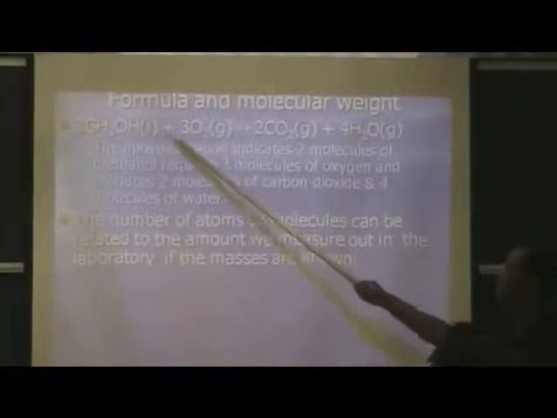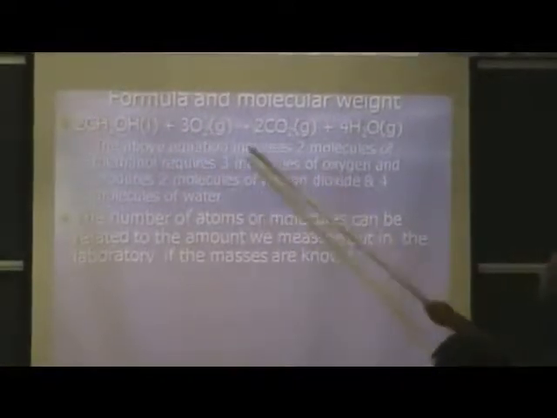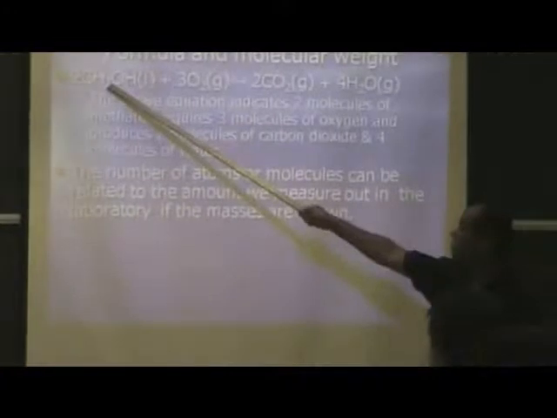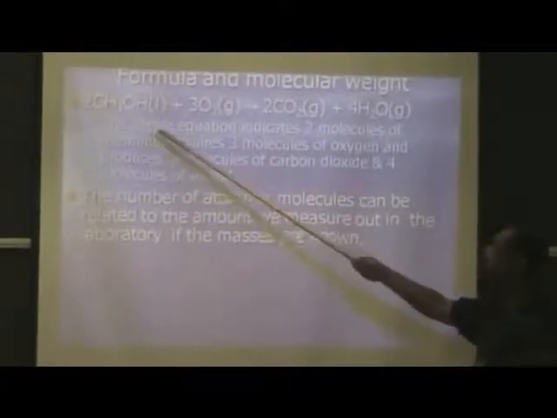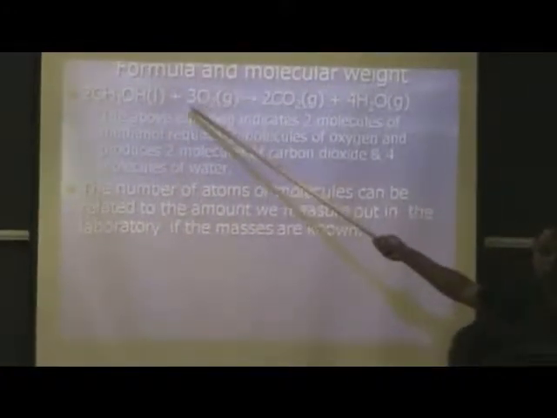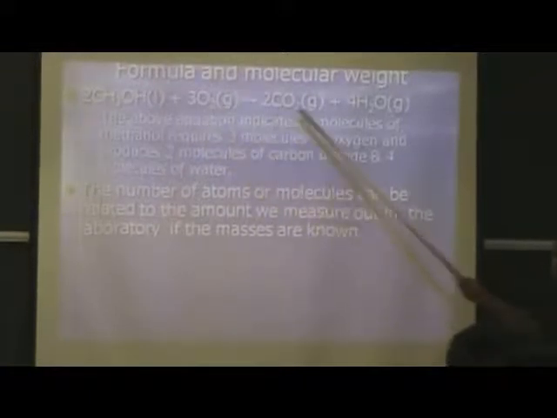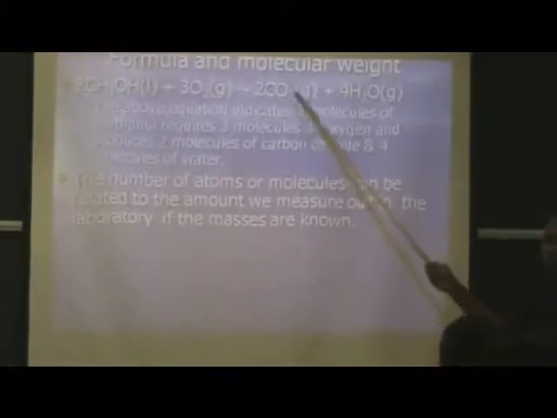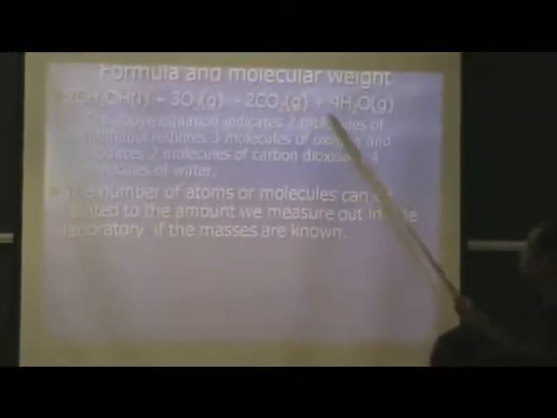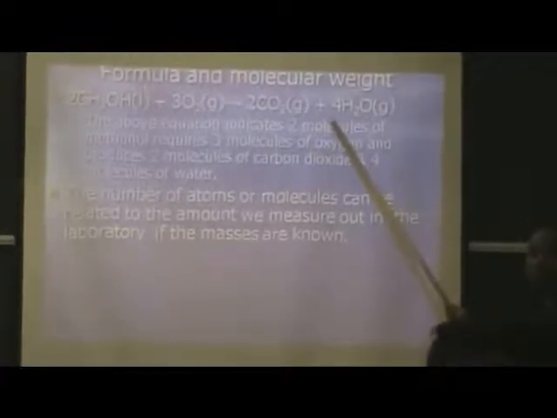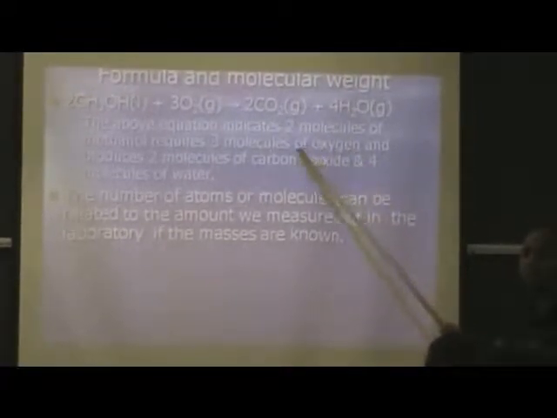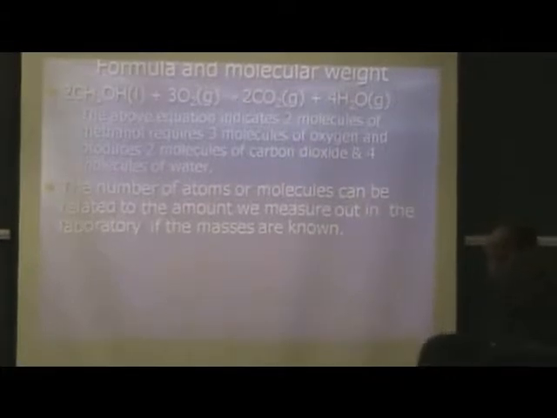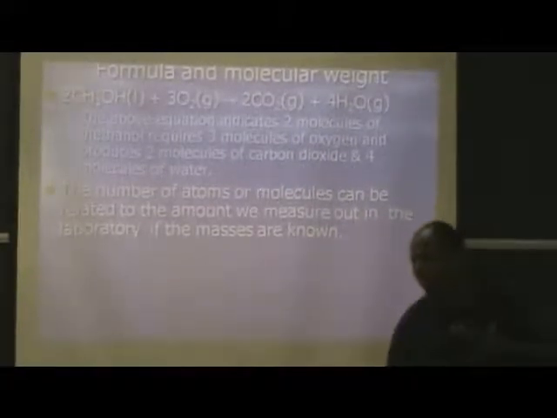How do we interpret this? We interpret this as two molecules of methanol, the coefficient, reacting with three molecules of oxygen. It produces two molecules of carbon dioxide plus four molecules of water. This is the ratio.